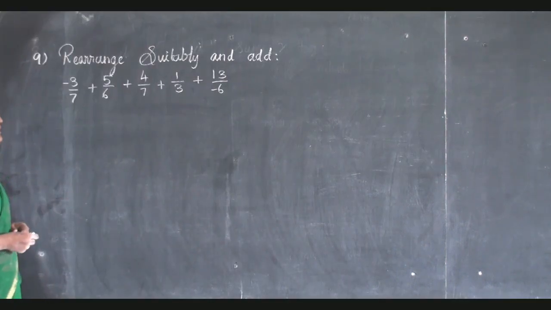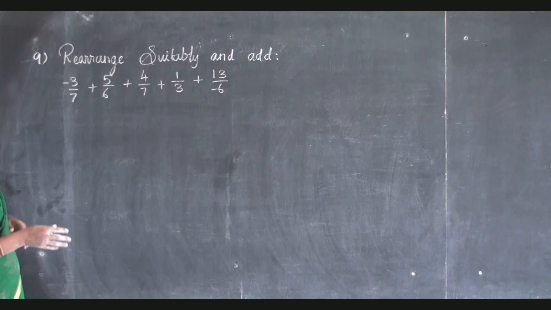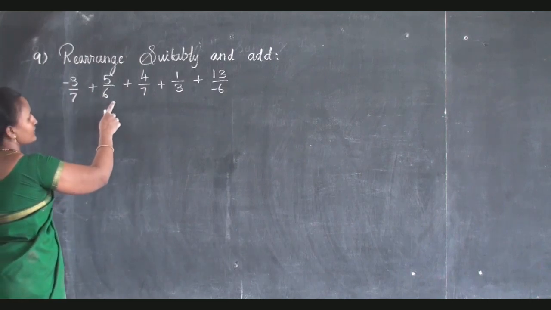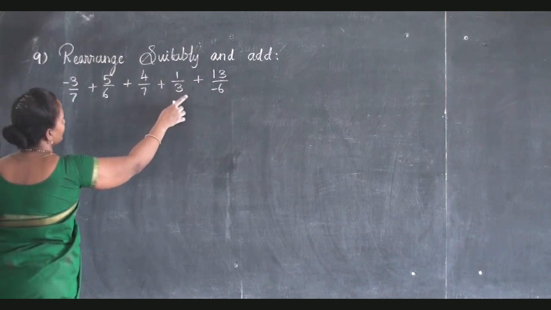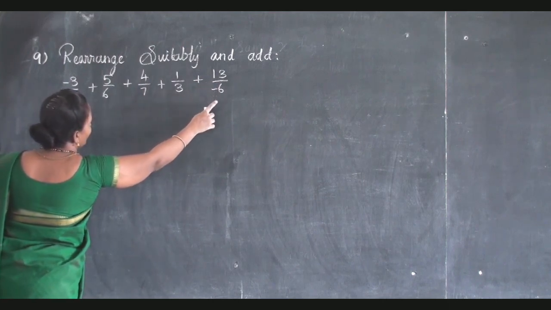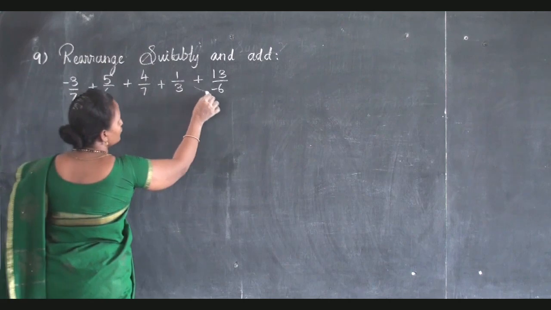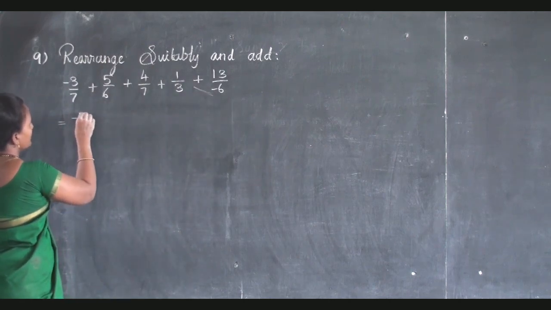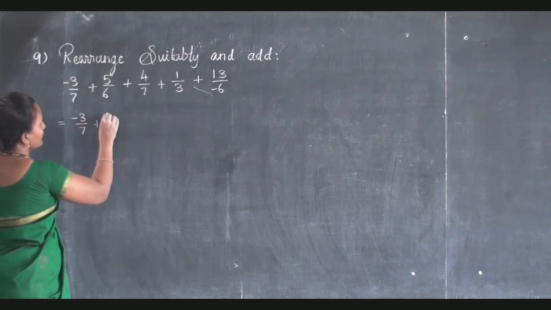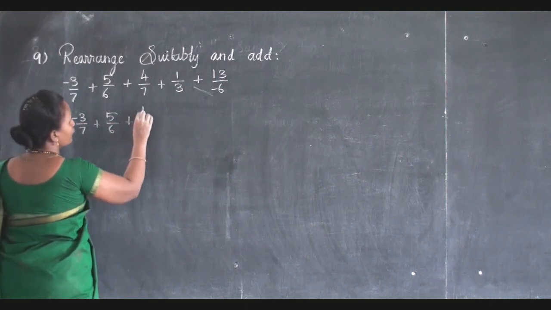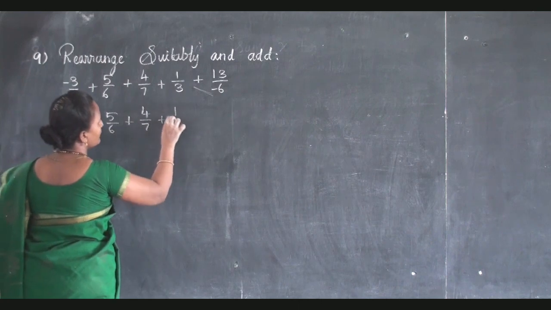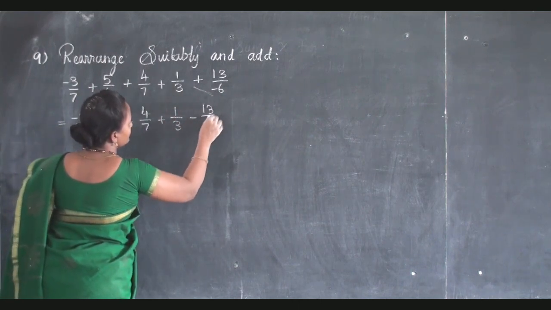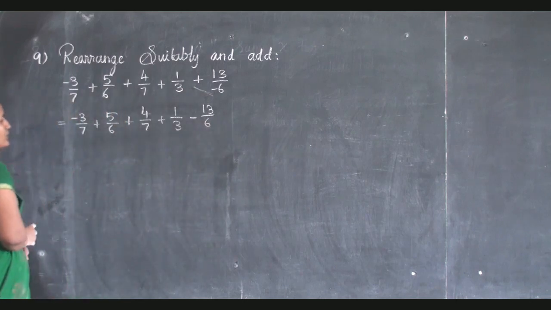Now the ninth sum, rearrange suitably and add. First sum: minus 3 by 7 plus 5 by 6 plus 4 by 7 plus 1 by 3 plus 13 by minus 6. Here two signs, so multiply that first. Minus 3 by 7, 5 by 6, plus 4 by 7, plus 1 by 3, plus, into minus minus, so 13 by 6.